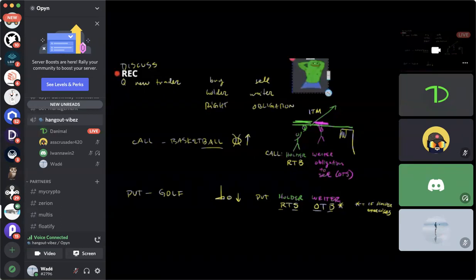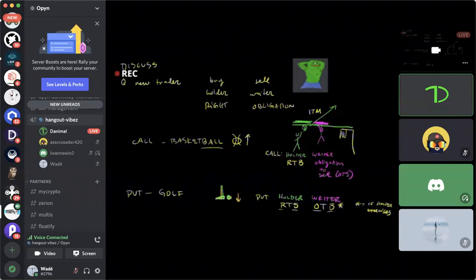So yeah, that takes care of the strategies. Where you see the call, they want it to go above the strike. With a put, you're looking below the strike. Those analogies I have found to be very helpful. The person who's putting has a long position.